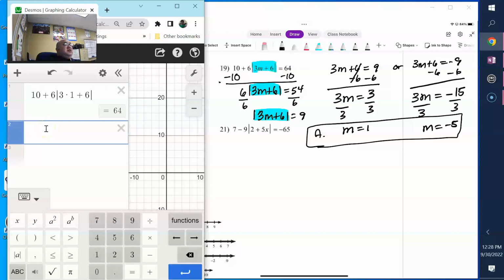Okay, so now let's check the other answer, negative 5. So we have 10 plus 6, absolute value, 3 times negative 5 plus 6. And you get 64, yes. So that is the answer. So you can use guess and check in case you get nervous, and you can also show it using the long way, okay?